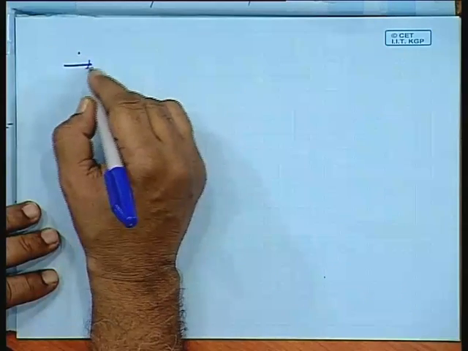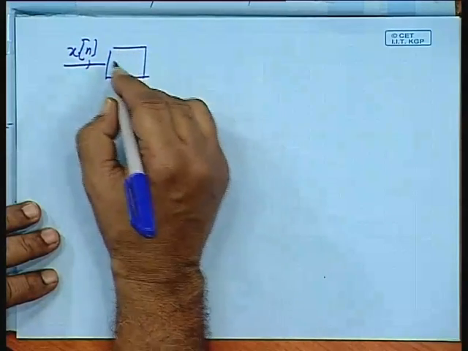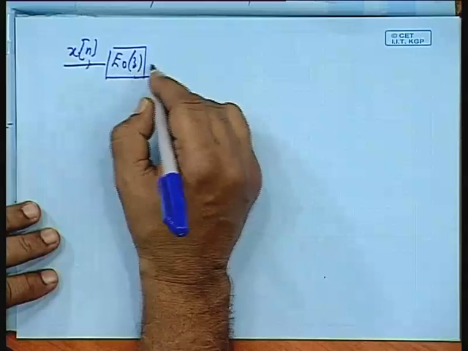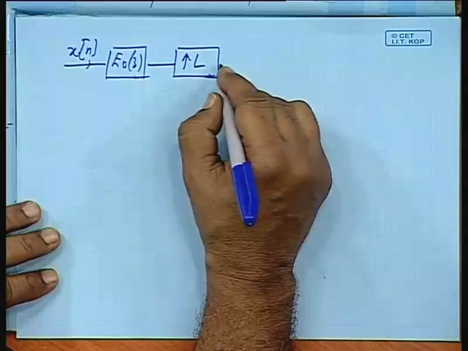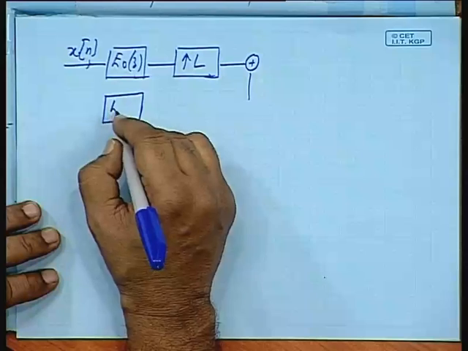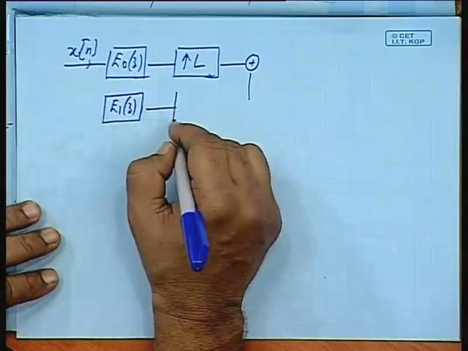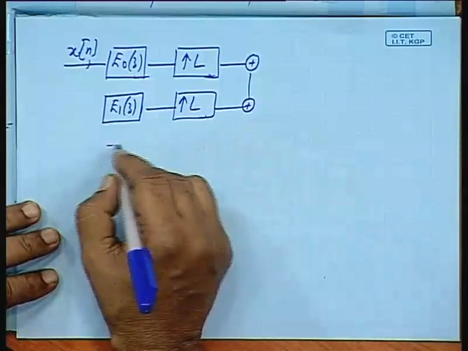Now, let us see an upsampler. If you have E0Z L, E1Z L and so on.